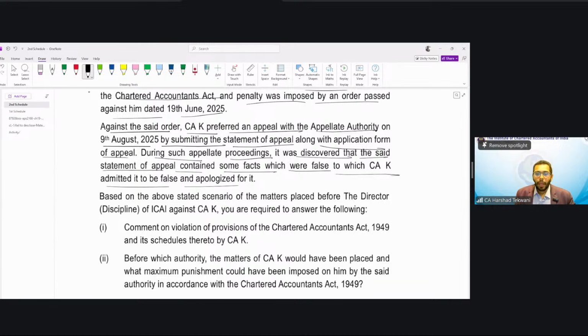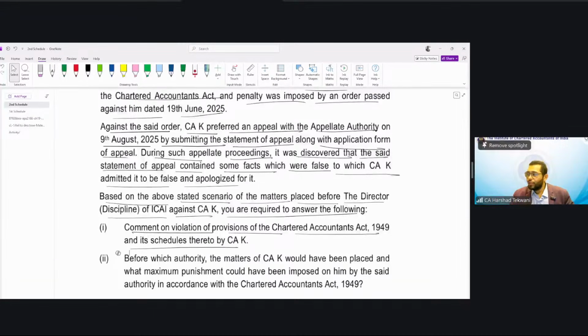Based on the above stated scenario of the matters placed before the Director Discipline of the ICAI against CAK, you are required to answer the following.